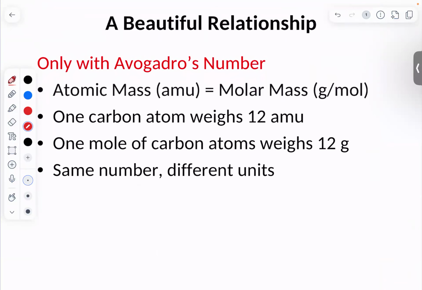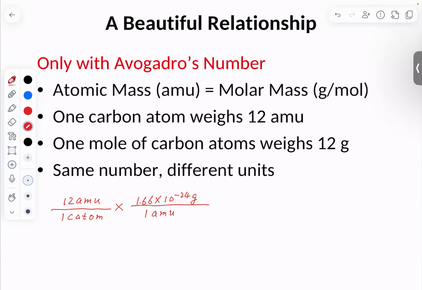Here, we multiply the atomic mass for carbon, which is 12 AMU over one carbon atom, by the atomic mass unit conversion factor, which is 1.66 times 10 to the negative 24th gram over 1 AMU.